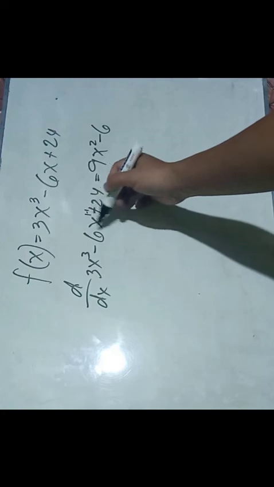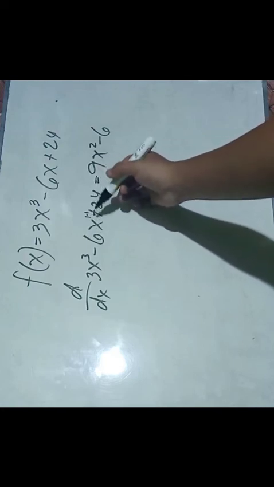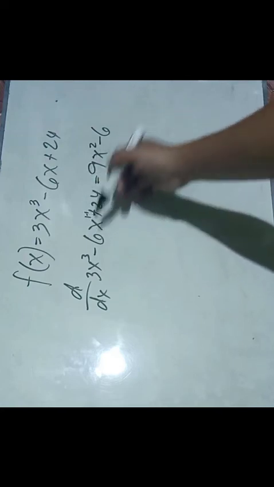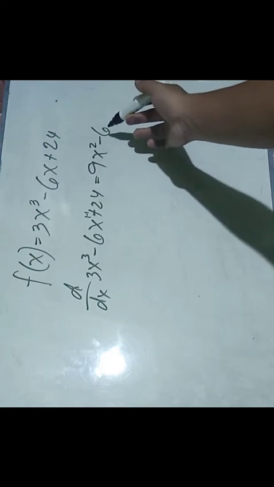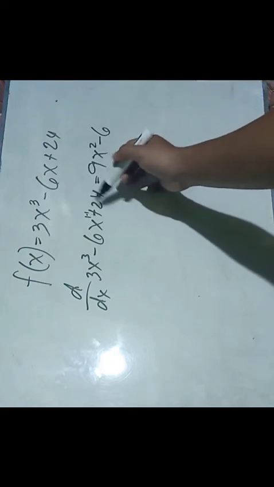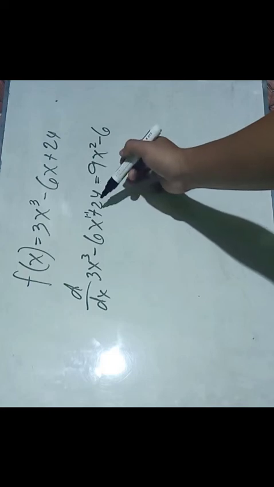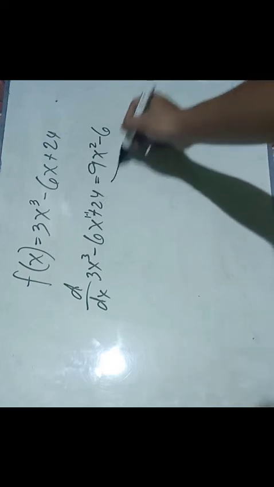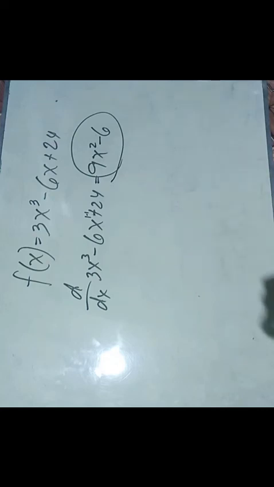And any number or variable raised to 0 is always equal to 1. So 6 times 1 is just 6. And then since 24 is constant, then we will disregard 24. So this is now our final answer.